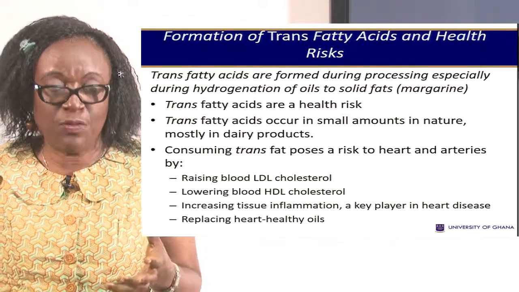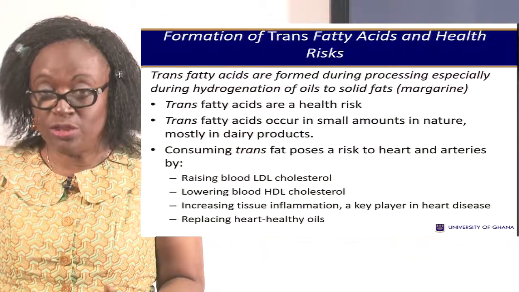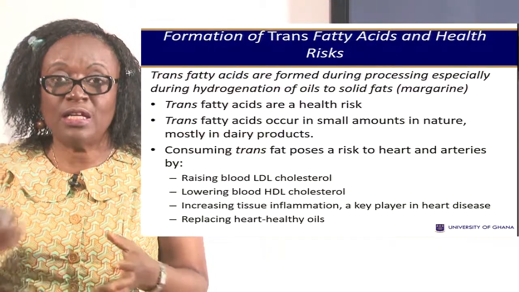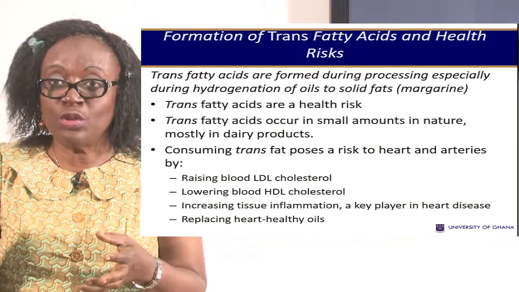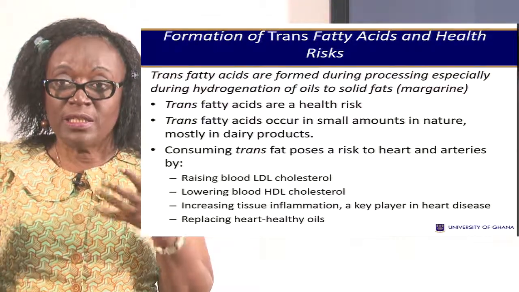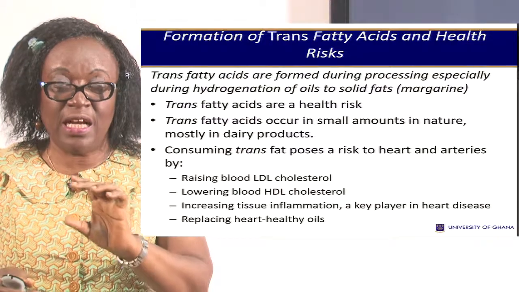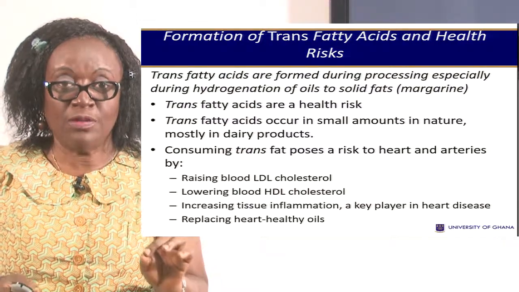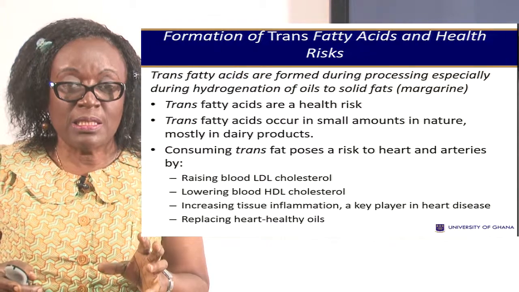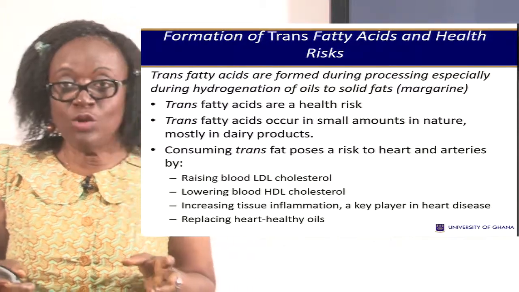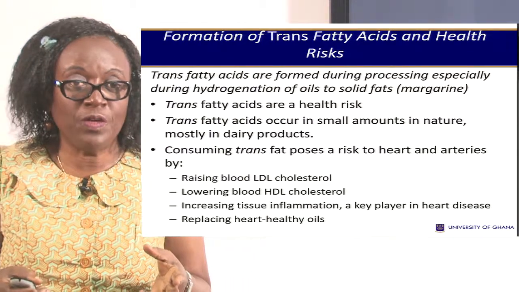So studies have shown that people who eat a lot of baked goods, their chance of eating more trans fatty acids is very high. And in the West, for example, for every margarine, the producer has to declare the amount of trans fat so that the person who is going to buy is in the know, and there is a limit that their Food and Drugs Board have for it to be declared good. But here in Ghana, nobody is checking that, so we have to be very careful.